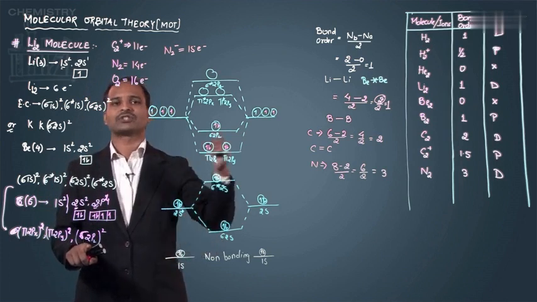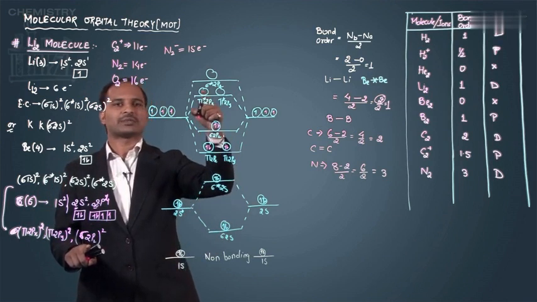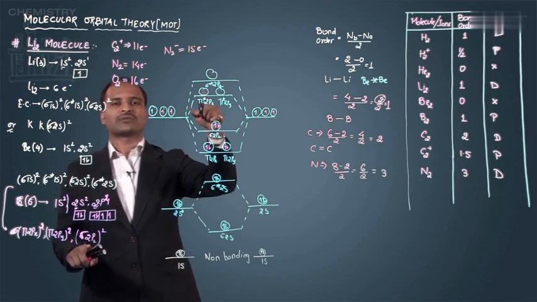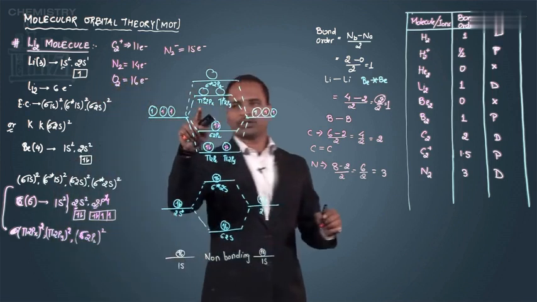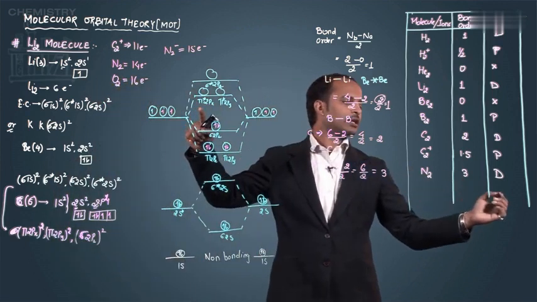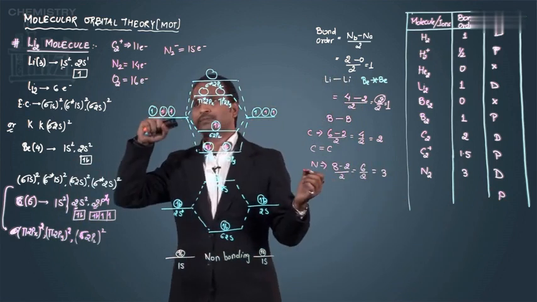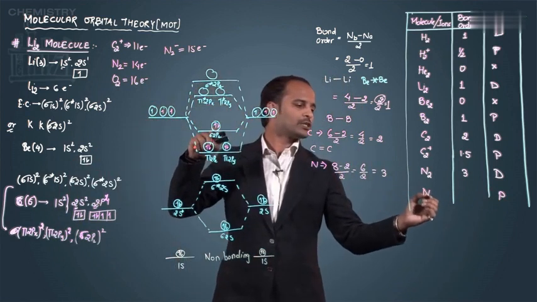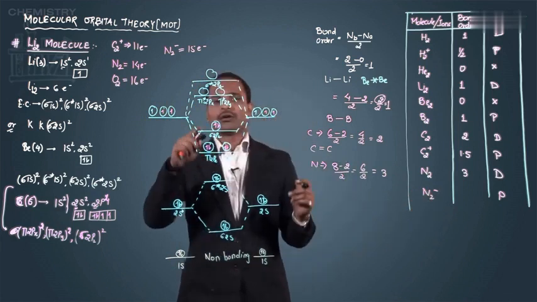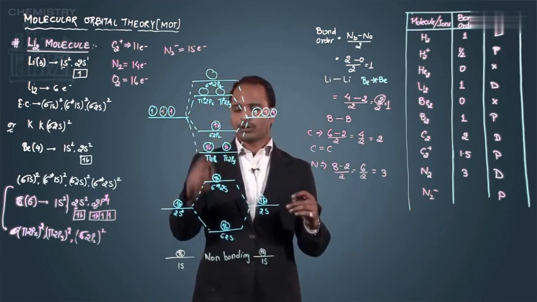So that one electron will shift to pi star 2px. And if one electron is shifting to this, it will be paramagnetic because a single electron will be there.